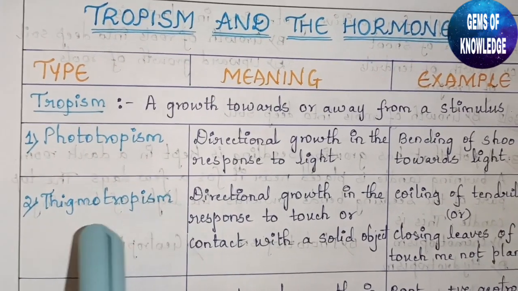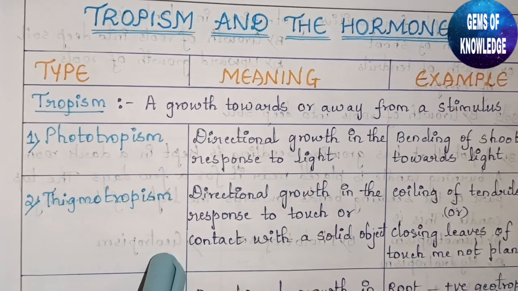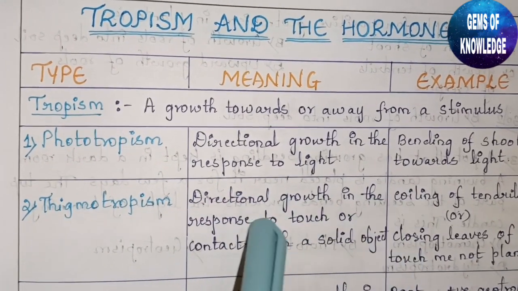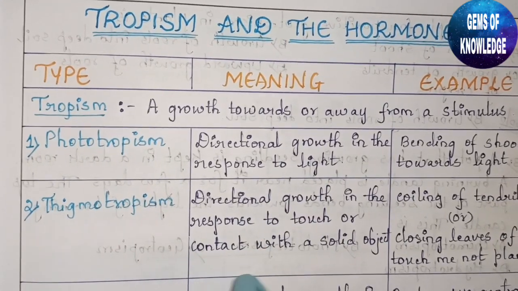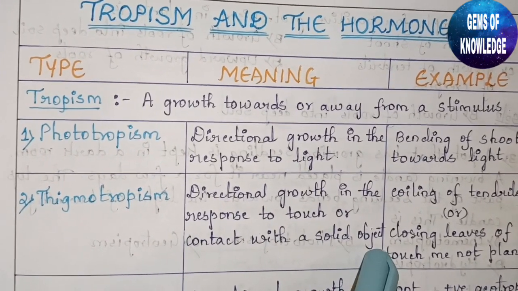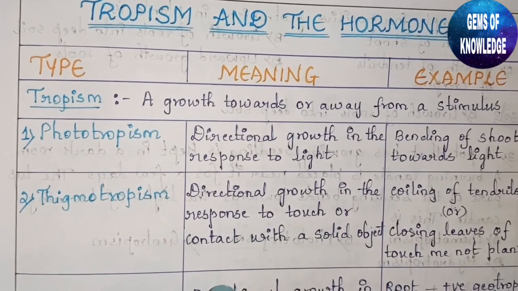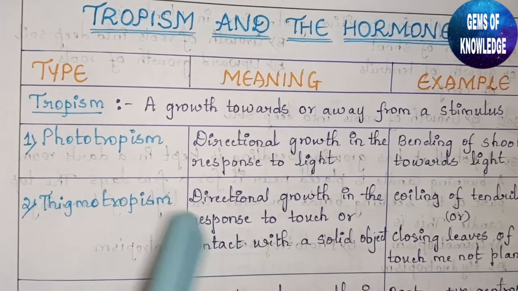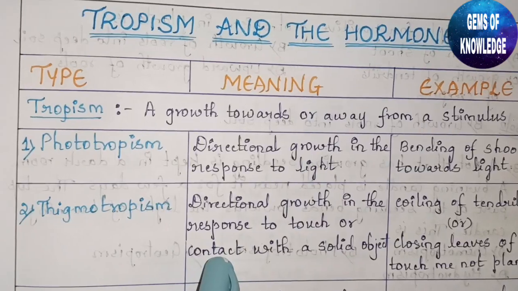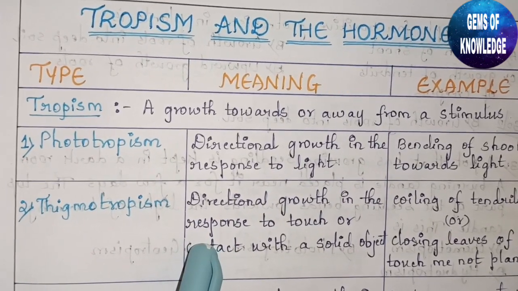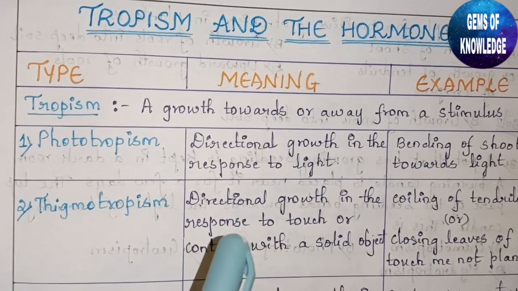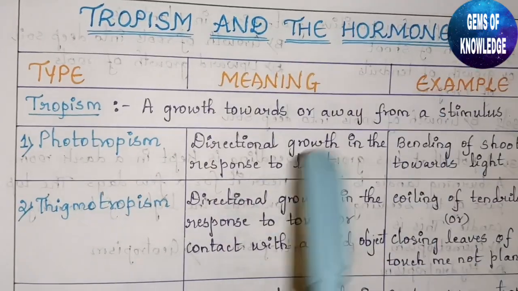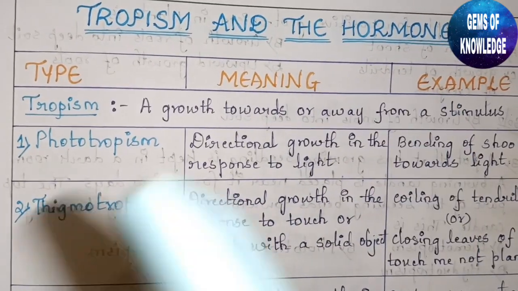The second one is thigmotropism. Thigmotropism is directional growth in response to touch or contact with some solid object. When you touch the plant, there is some response in the plant. That type of response is called thigmotropism. If any object is touching the plant, the plant tries to cover that object by circling around it.